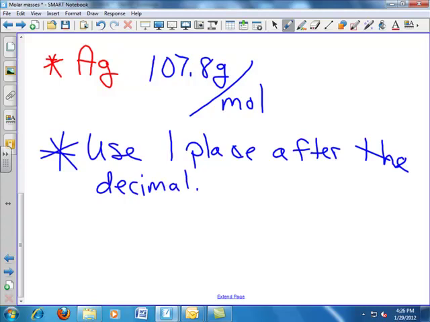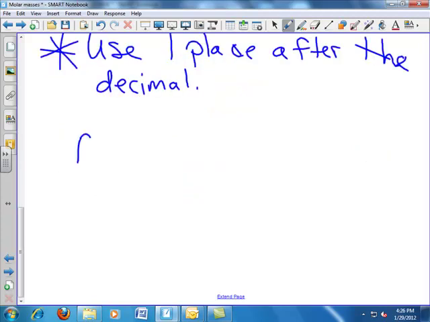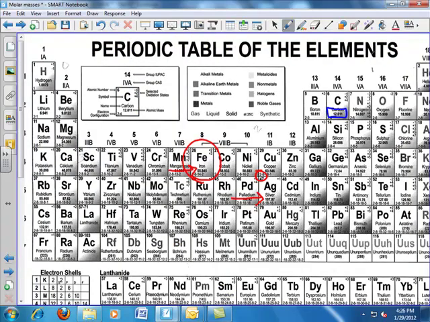So we'll always carry one decimal place. So even though something like aluminum, on your colored periodic table, has 3 places, if I find aluminum, aluminum is 981.